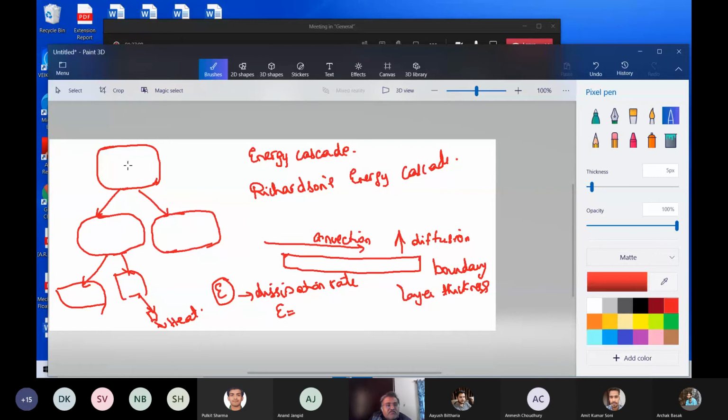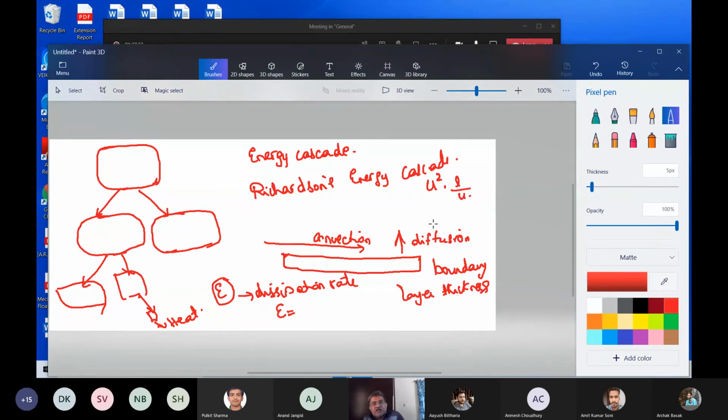The energy that is transferred from the largest eddy to the next size eddy will be equal to the dissipation rate itself. Let us assume that u is the velocity scale of the largest eddy, then the kinetic energy of the largest eddy is of the order of magnitude u squared, and the time scale of the largest eddy is L by u.